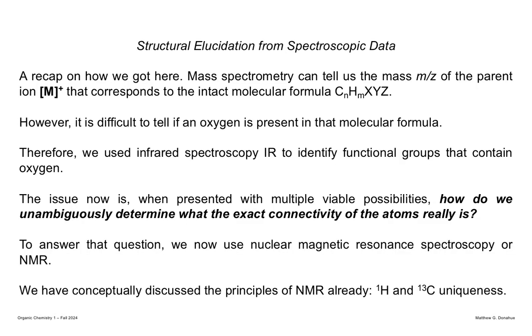So to recap how we got here, not just in Module 2, but throughout the semester so far, you've learned how different elements bond together. They form functional groups. Mass spec tells us the mass of the parent ion, which is equal to the intact molecular formula, whatever that may be. There's always C and H, and then X, Y, and Z are the heteroatoms.